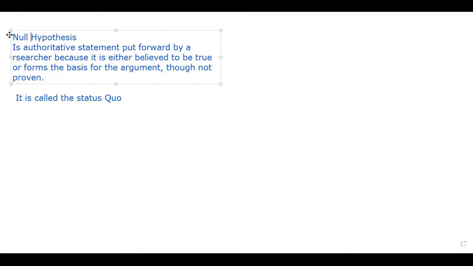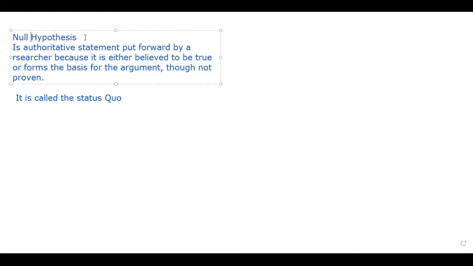And we are saying we have two types of hypotheses. You get it? Two hypotheses. The first one is the null hypothesis, and the second one is the alternate hypothesis.